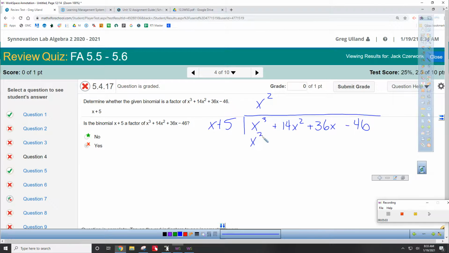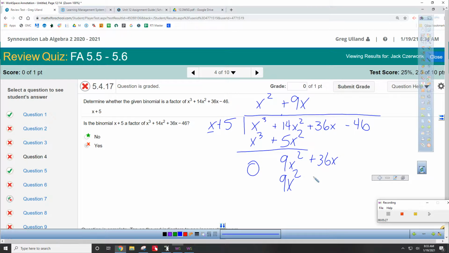I multiply. Now, maybe you don't remember how to do this, but then you'd have to just go back and practice that section. Subtract. I get 9x squared. This is a 0. That's what we wanted. X goes into 9x squared, a 9x amount of times. I got to bring down my 36x.